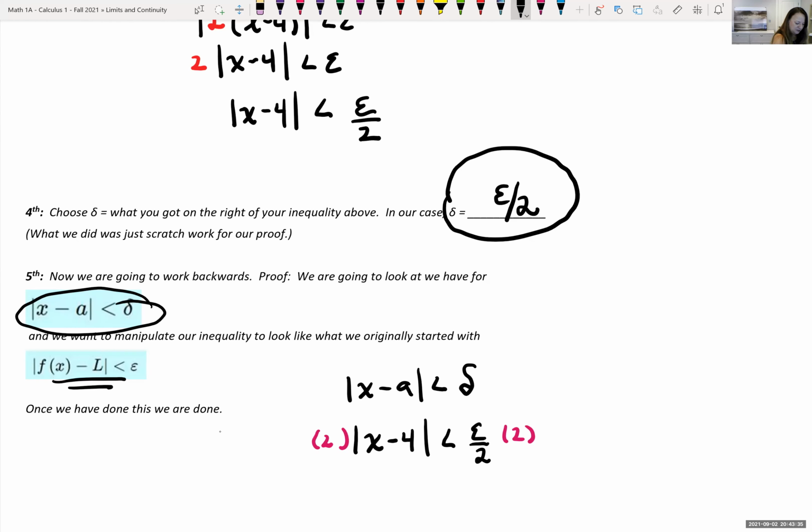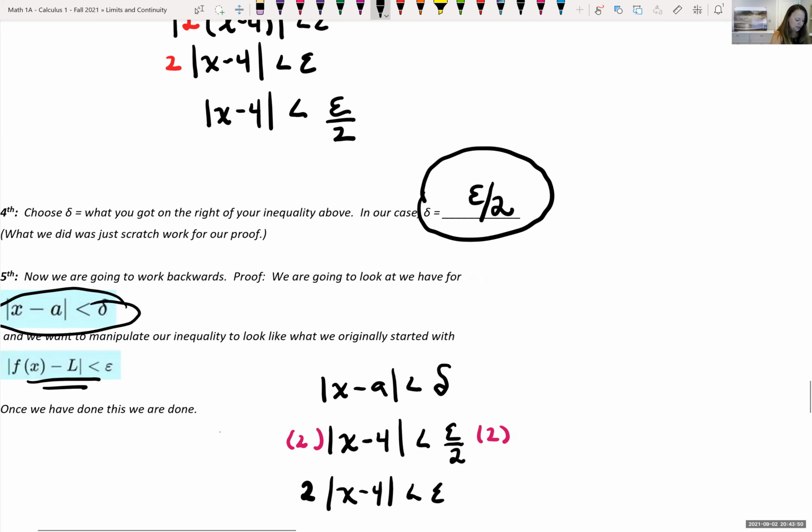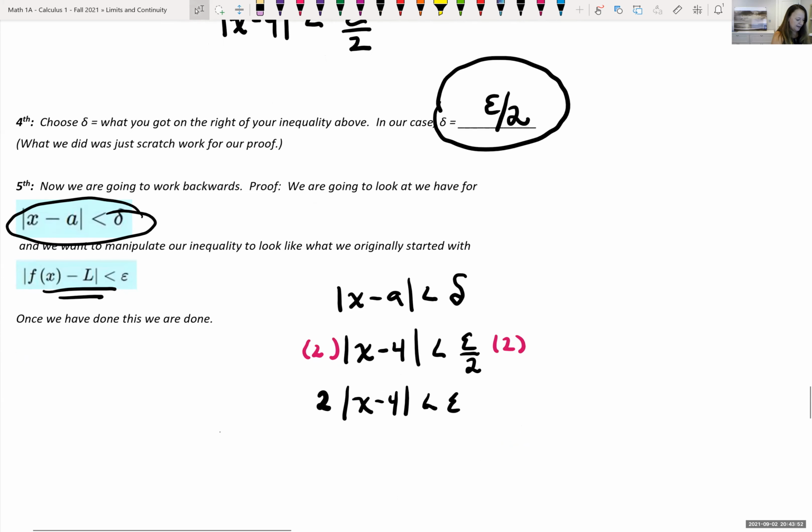So that would give me 2 times the absolute value of x minus 4 is less than epsilon. It's a positive number that we're multiplying to the absolute value, so it's the same thing as bringing it inside the absolute value.